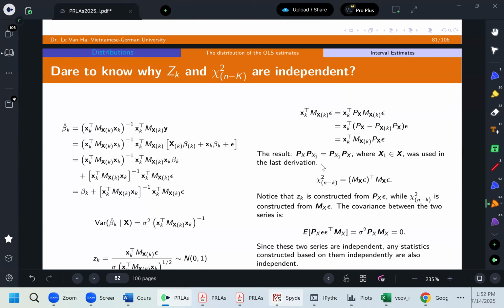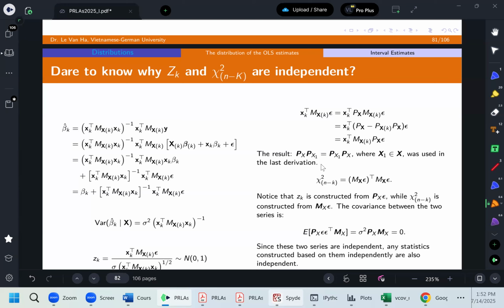What is the definition of a t random number? The t random number is the ratio of a standard normal divided by the square root of the chi-square rescaled by its degree of freedom.